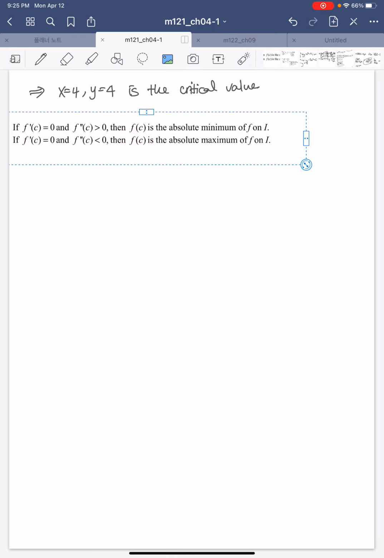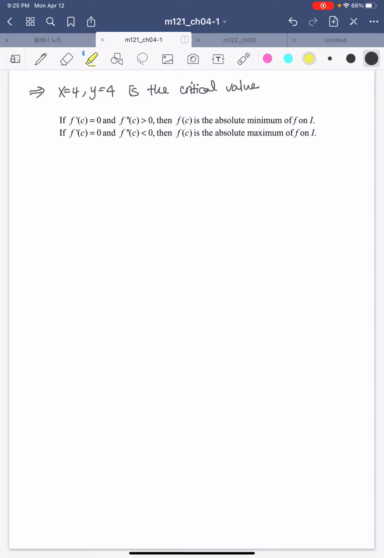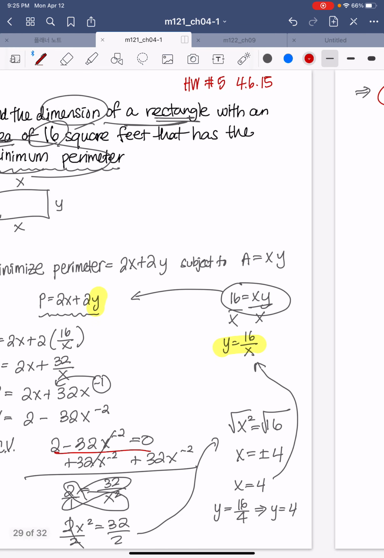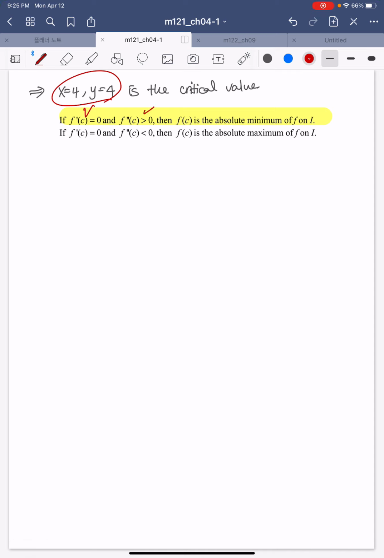So that means, going back to our second step, we are looking at the second derivative at 4, 4 has to be positive. We already got the first part here. We found that the first derivative gives you 0 because that's what we did: we set it equal to 0 and solved. Second condition, we need to check. So let's take a second derivative.